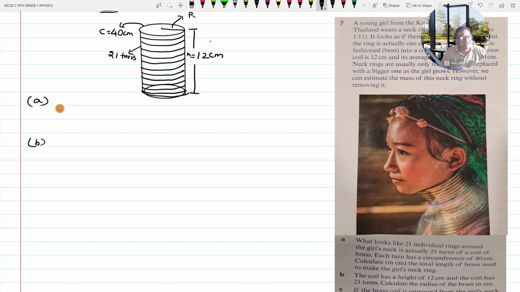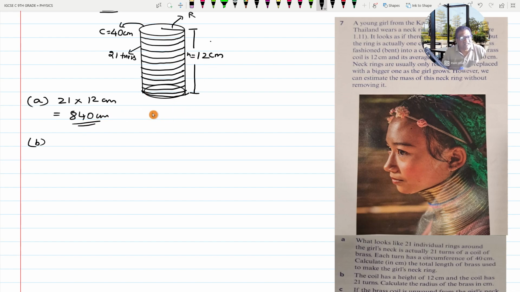So 21 is the number of turns, times the height of 12 centimeters. 21 times 12 should give you the total length of the brass wire from which the coil has been made. If you work out 21 into 12, you get 840 centimeters.